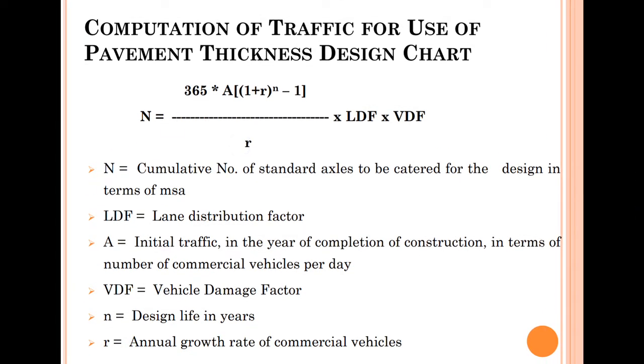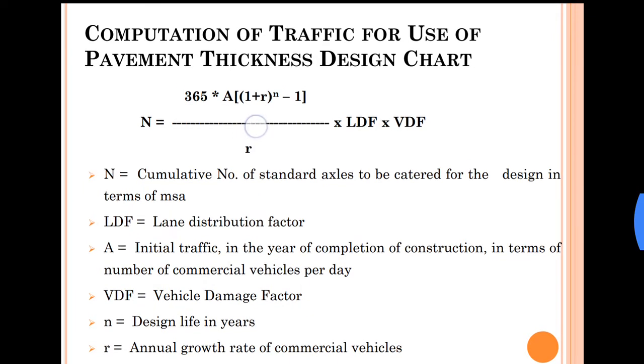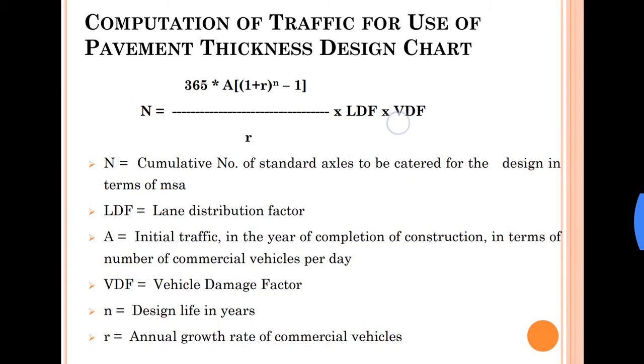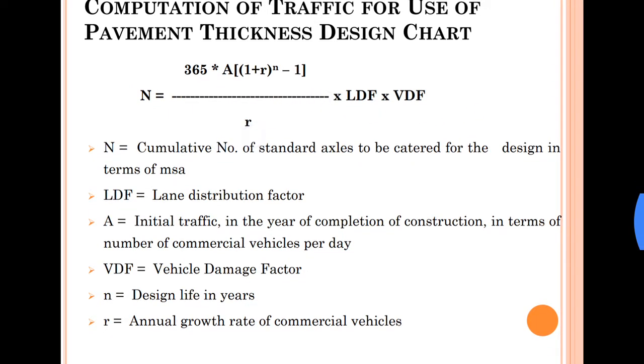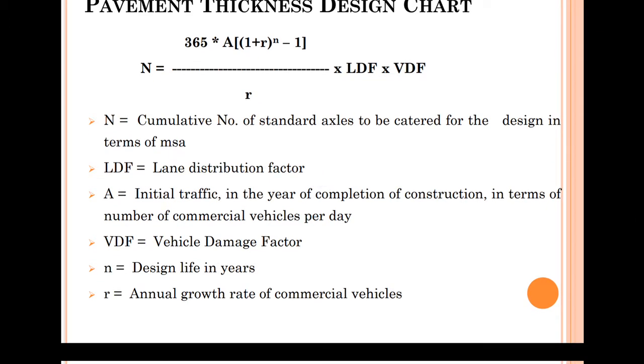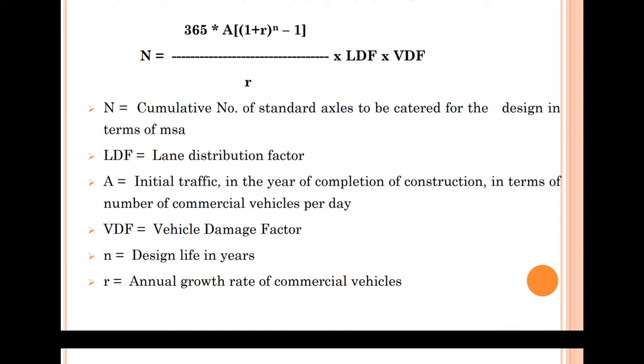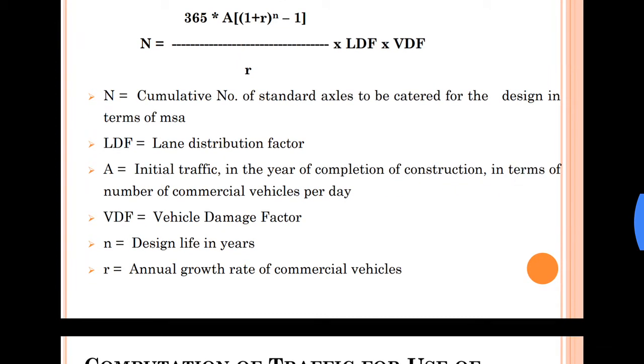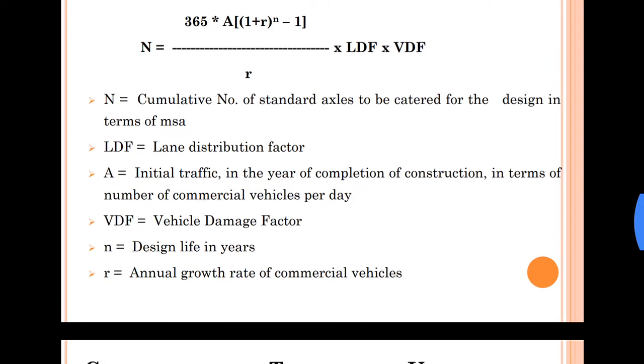The formula is 365 into A into (1 plus R) raised to n minus 1, bracket closed, into LDF into VDF, whole divided by R. Where LDF is the lane distribution factor, VDF is the vehicle damage factor, and A is the initial traffic in the year of completion of construction in terms of number of commercial vehicles per day.